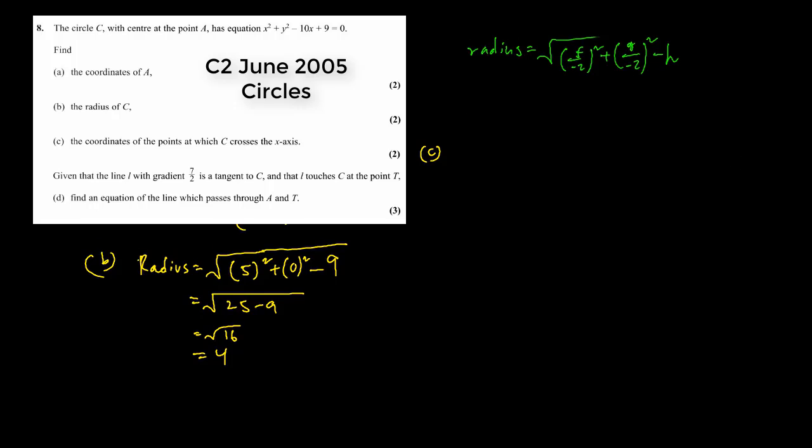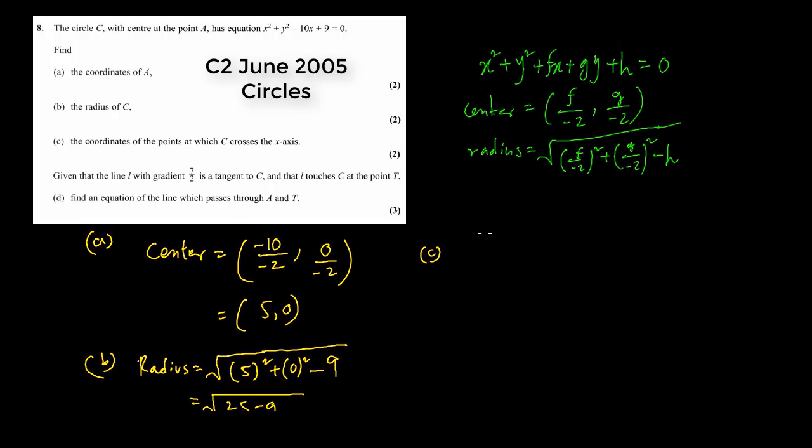The coordinates of the points at which the circle crosses the x-axis. So crosses the x-axis means where does the circle cut the x-axis? So at the x-axis y equals 0. That means x squared plus 0 squared minus 10x plus 9 equals 0. So x squared minus 10x plus 9 equals 0.